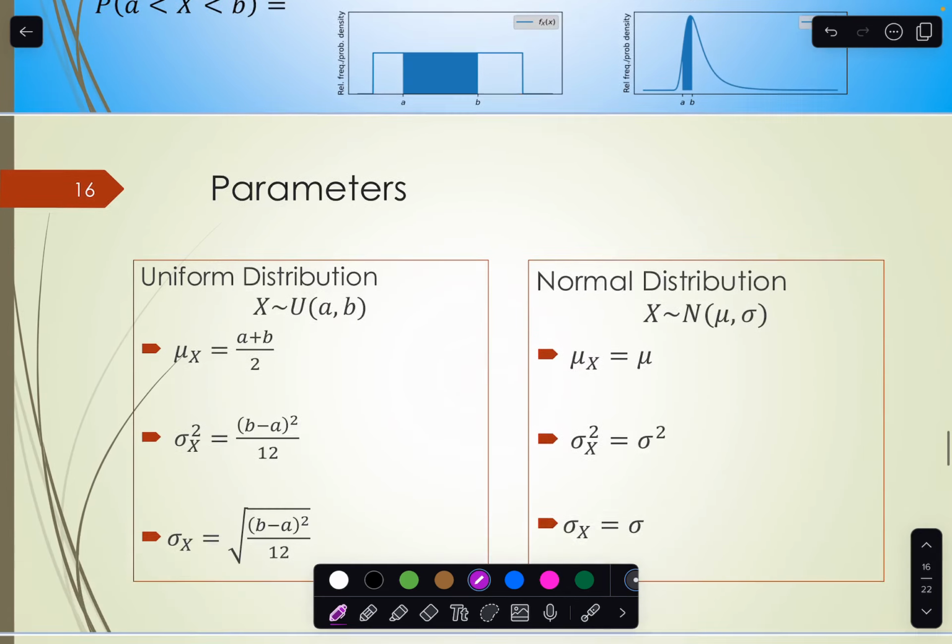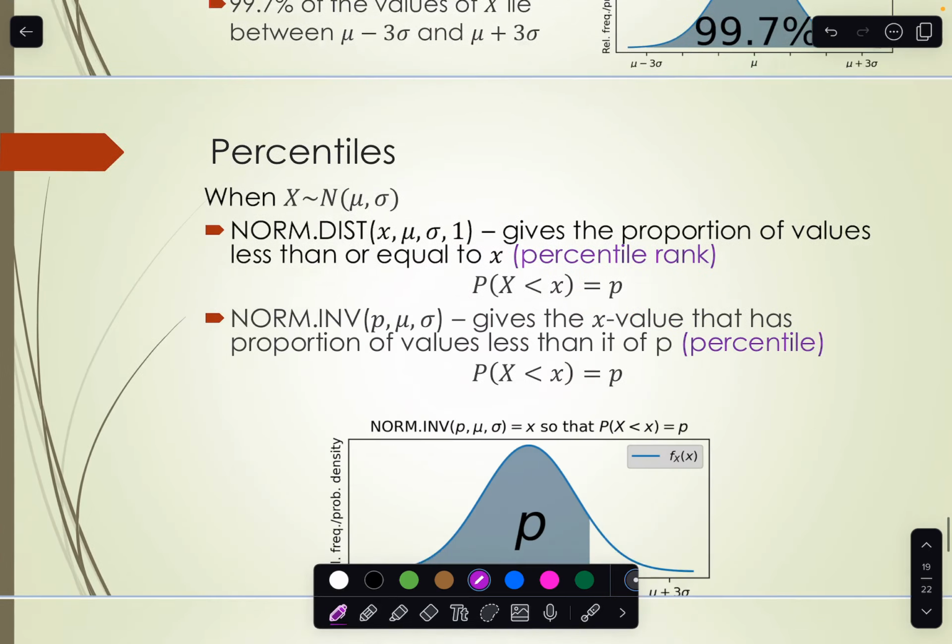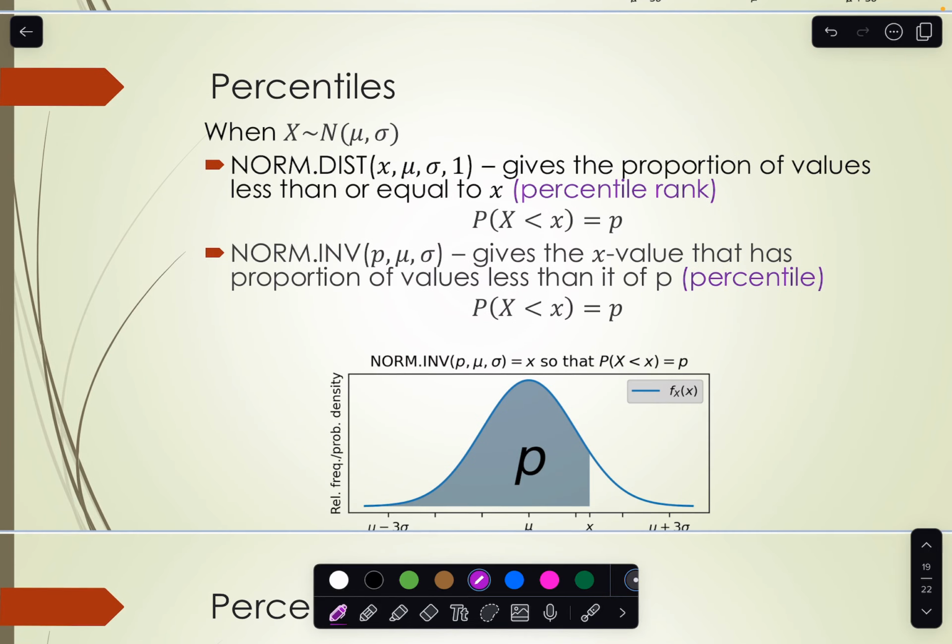Okay, now what I would like to talk about are percentiles. So when x is normally distributed with mu and sigma, NORM.DIST for x gives the probability of x being less than x. That gives me the probability, which is this proportion.